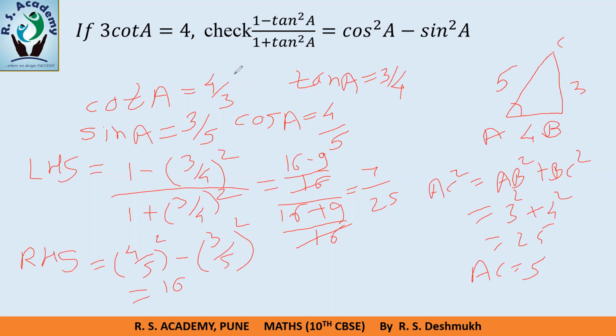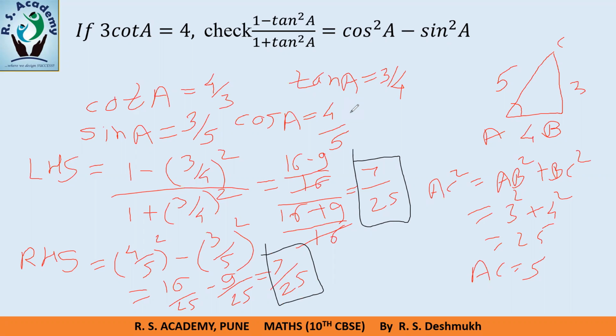It becomes, dear friends, 16 by 25 minus 9 by 25, that is nothing but 7 by 25. So if we check here, the LHS comes out to be 7 by 25, RHS comes out to be 7 by 25, and therefore (1 minus tan square A) upon (1 plus tan square A) is equal to cos square A minus sin square A.